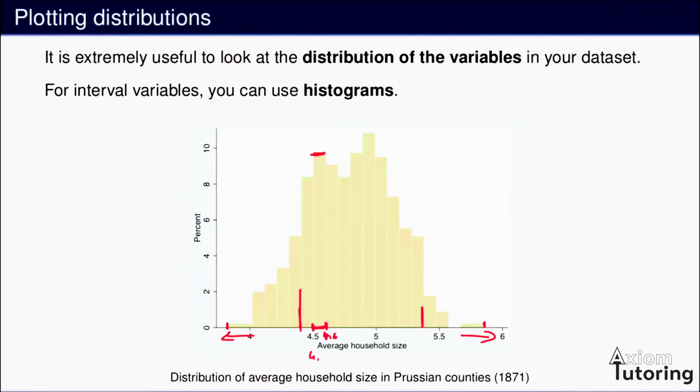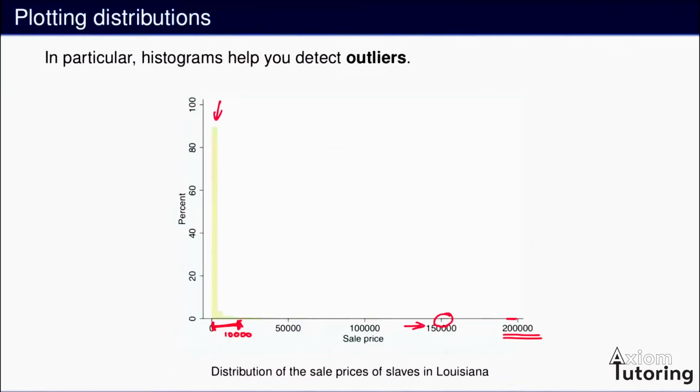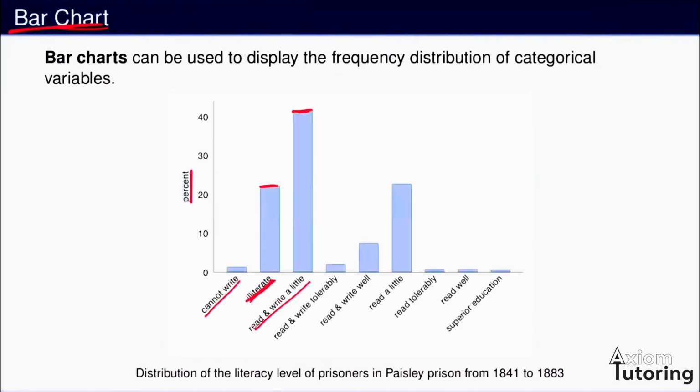So if you have a county with an average household size of 4.55 and another one of 4.56, those two would be in the same bin. Whereas when you look at a bar chart, every single value will be displayed as a separate bar. Okay, so that's why it's ideally suited to categorical variables and ordinal variables.